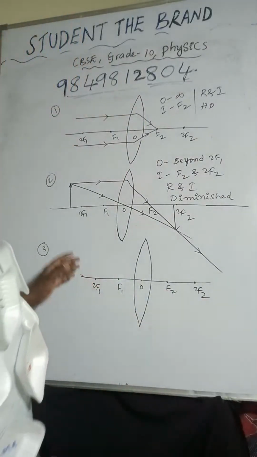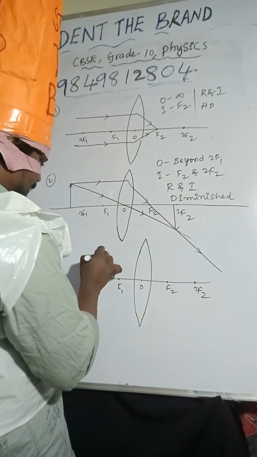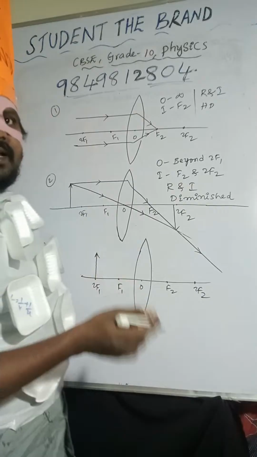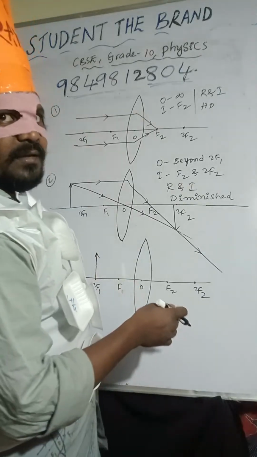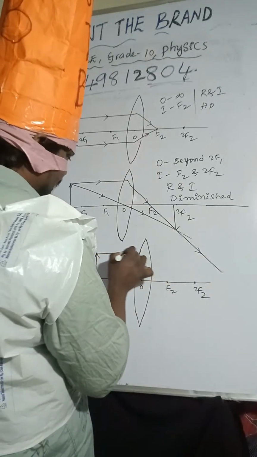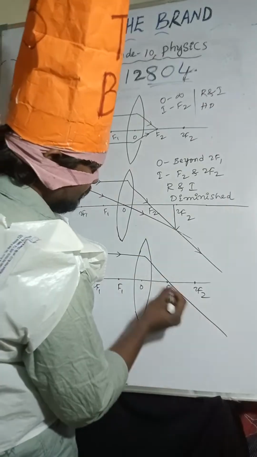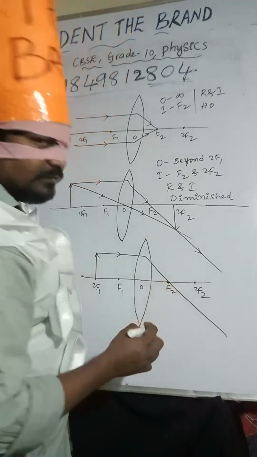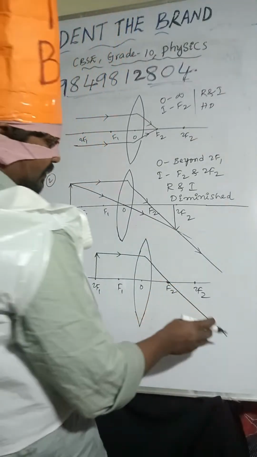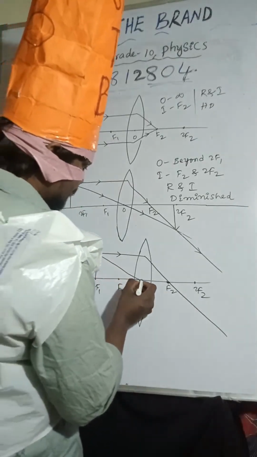I am placing the object here at 2F1. So where will the image form? The image will form at 2F2. I will do numericals also. One light ray I am taking, and another light ray passes through the optic center.